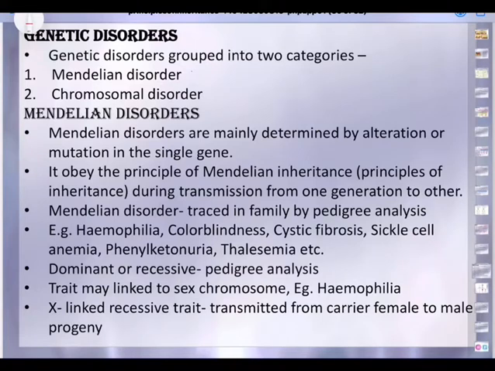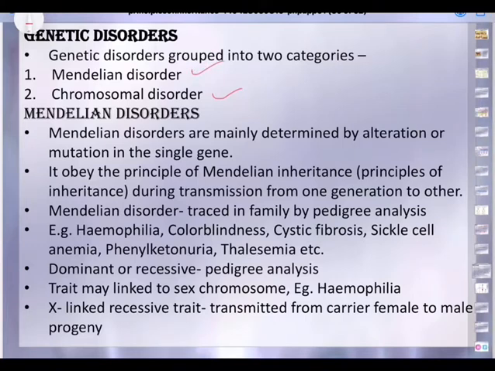So genetic disorders are disorders that creep in due to change in the structure of a gene or change in the structure of a chromosome. Based on that, if there is a change in the structure of the gene in the form of DNA changes, then we say these are Mendelian disorders, because they follow Mendelian principles.